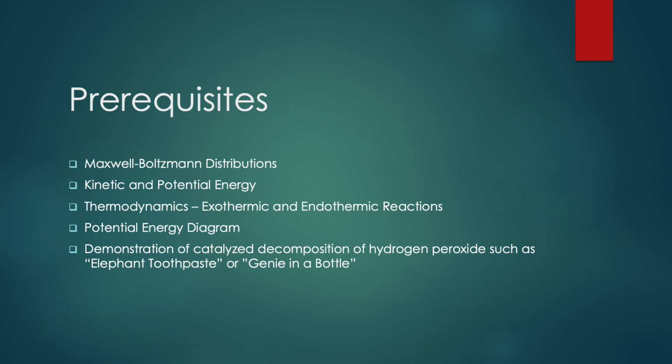Students should have already learned how to draw potential energy diagrams, and also, as I usually demonstrate, a catalyzed decomposition of hydrogen peroxide, such as elephant toothpaste, which is hydrogen peroxide with potassium iodide, or genie in a bottle, which is much more rapid with potassium permanganate and hydrogen peroxide.